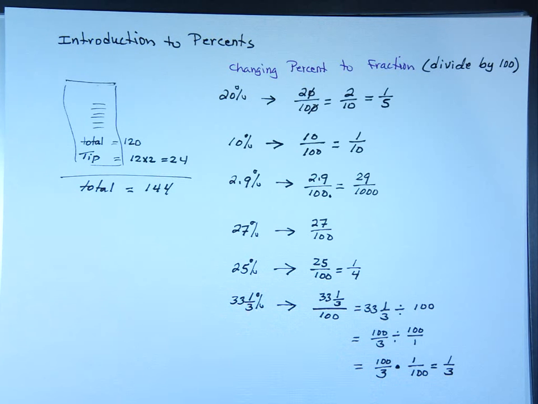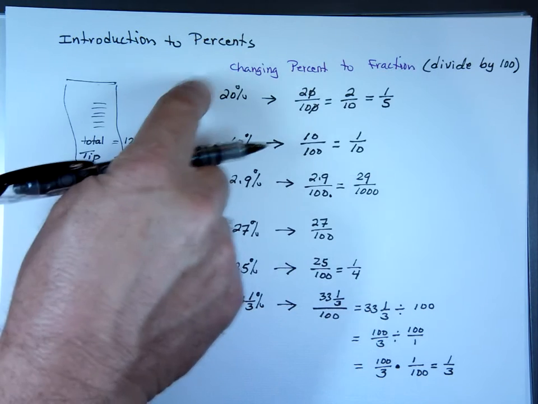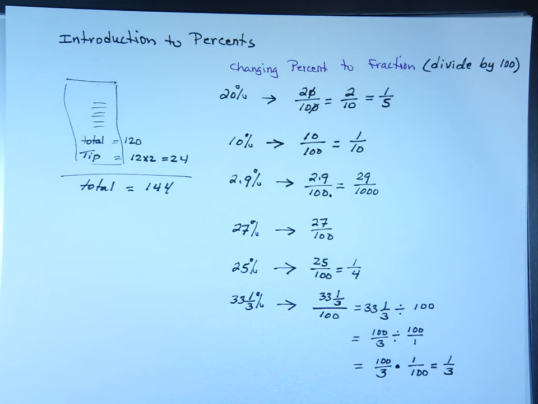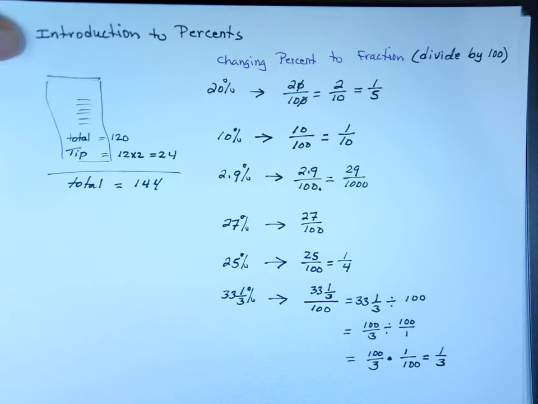On the test, actually, on the quiz, the homework, you're probably going to see half the questions changing percent to fraction, and changing the reverse, fraction to percent, and changing percent to decimal. So let me talk about changing percent to decimal.